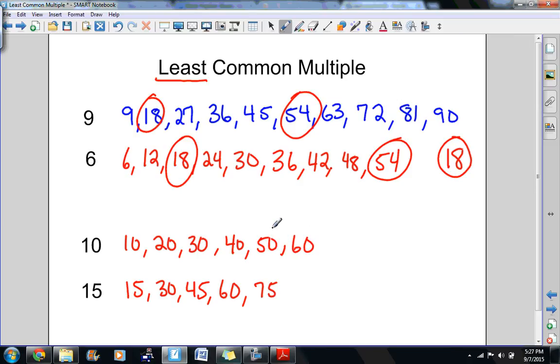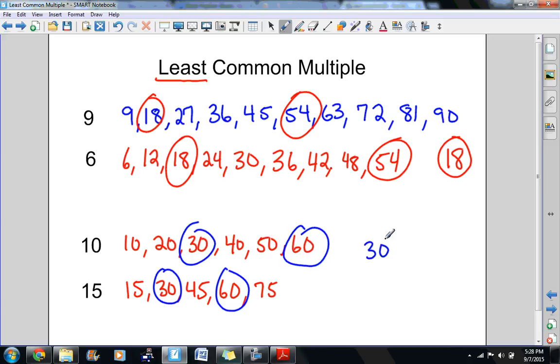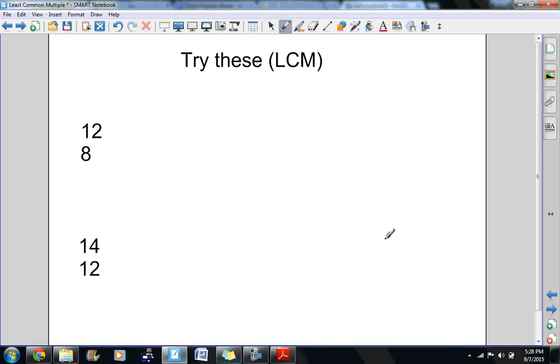And once again, in this problem, I found 2, but the answer of the smallest common multiple will be 30. Remember, to find these, you have to create a list of some kind. Your list doesn't have a minimum or a maximum, but you most likely will have to make a list for each problem. I want you to try these two on your own, and then I will work through them as well.